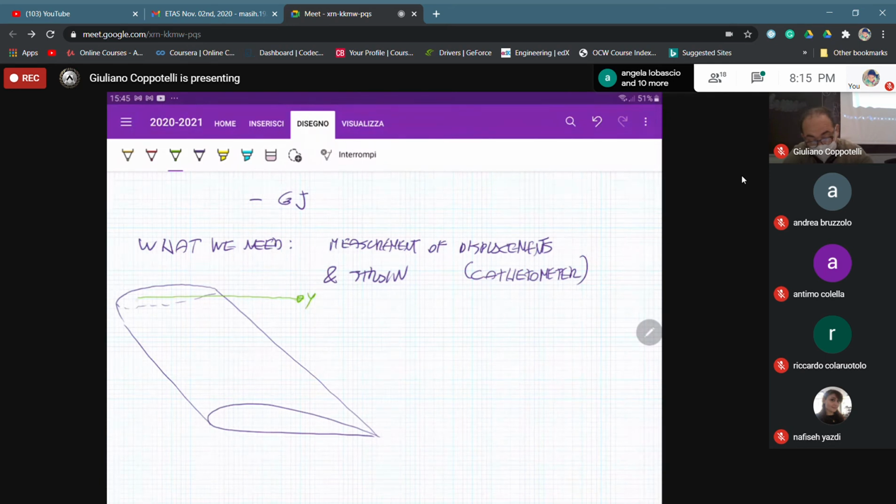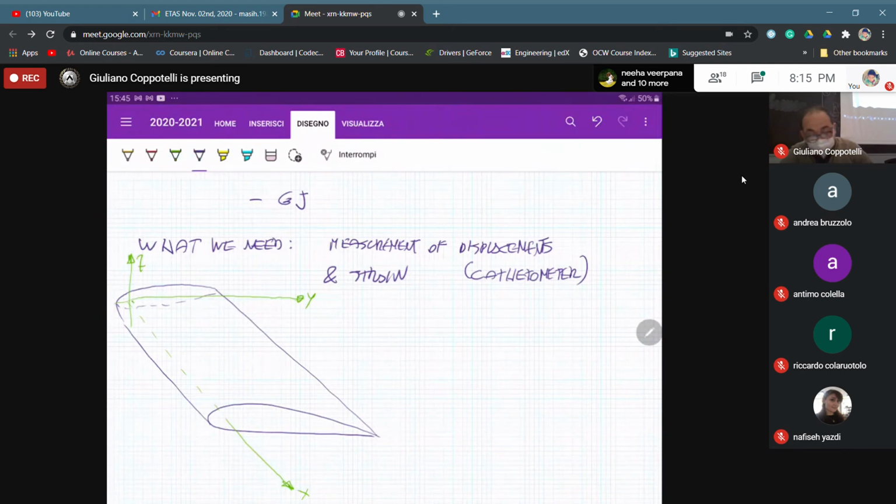So y here, then the z-axis, then the x-axis, like this.